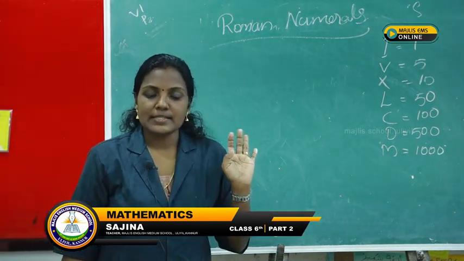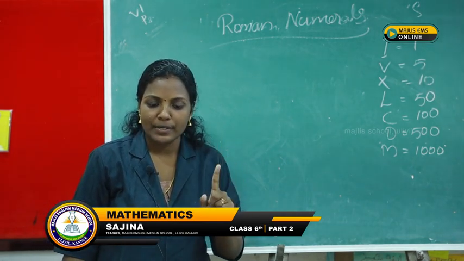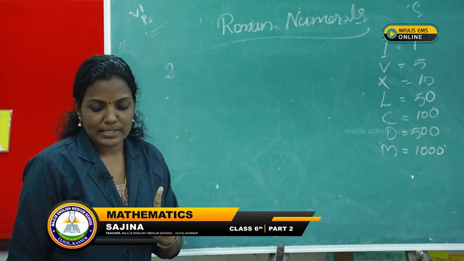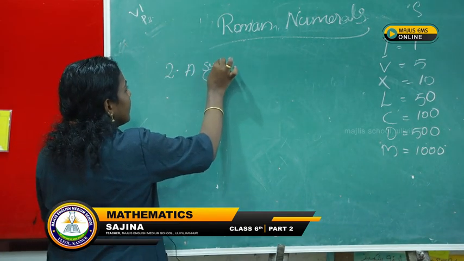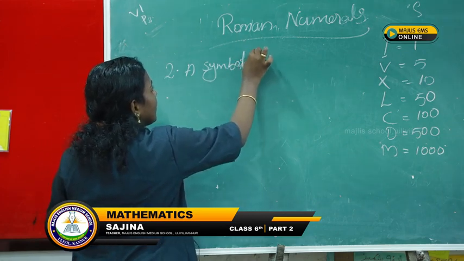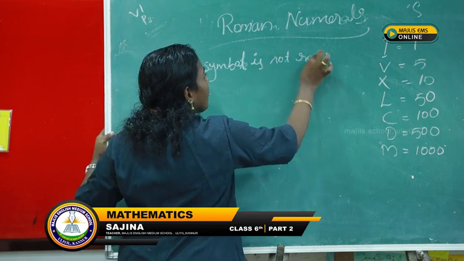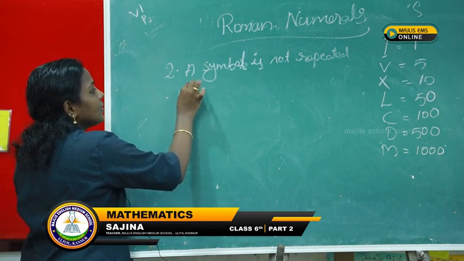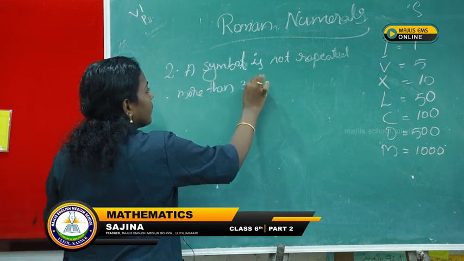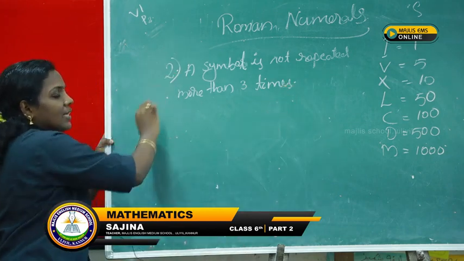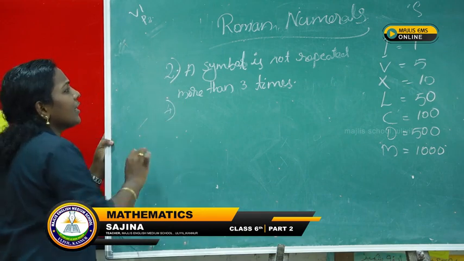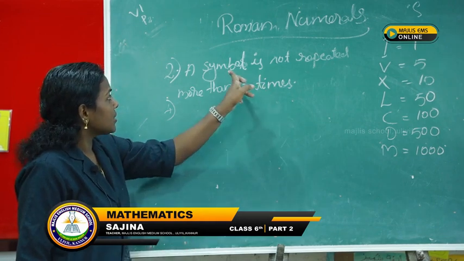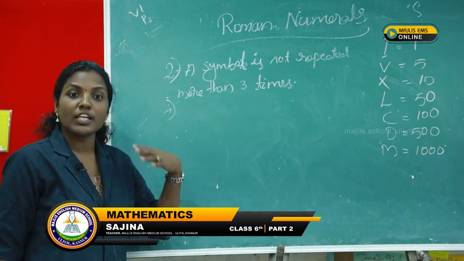Next is the second property. A symbol is not repeated more than 3 times. It is repeated only up to 3 times.